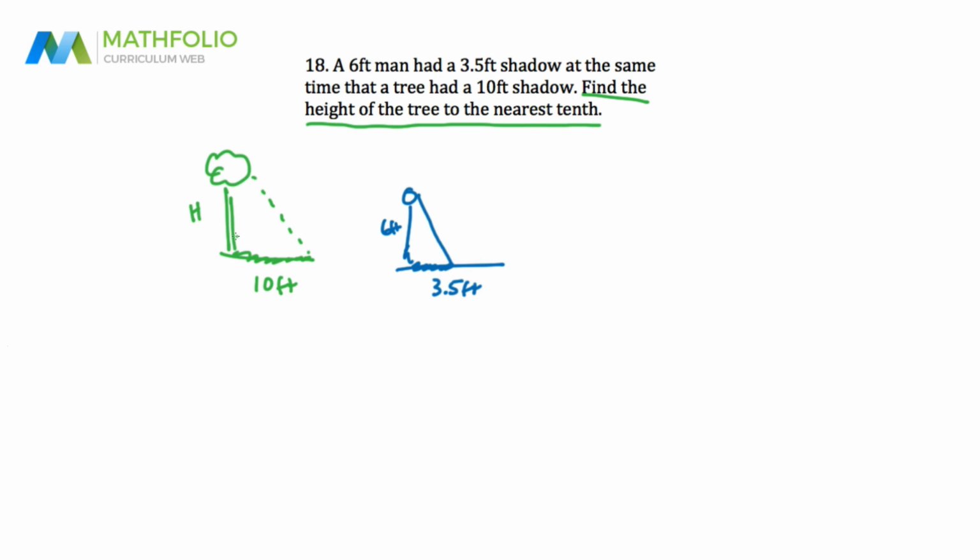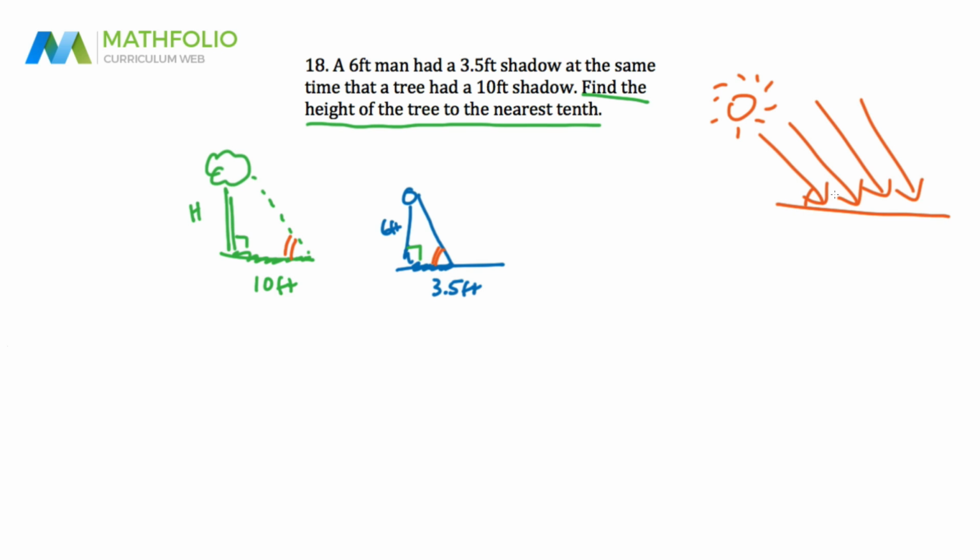And so hopefully we can see that both of these are right triangles. And also, because of how these shadow problems work, this other angle within the triangle, these two angles are congruent. And the reason why these two angles are the same is because the sun being so far away, as the rays hit the earth, we can assume that they are hitting the earth at the same angle.